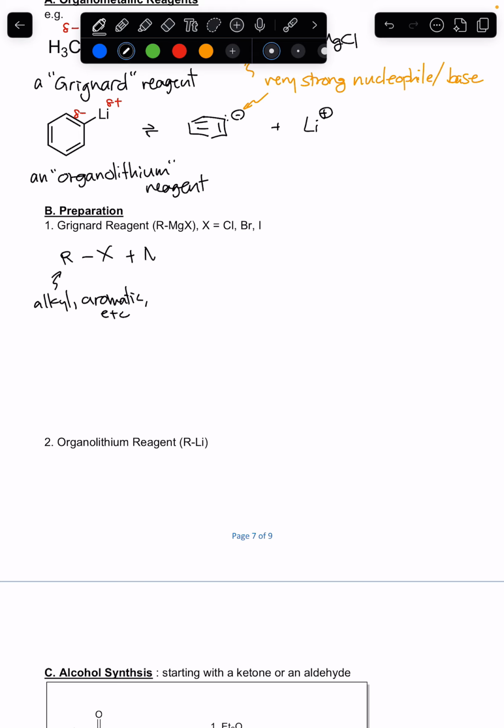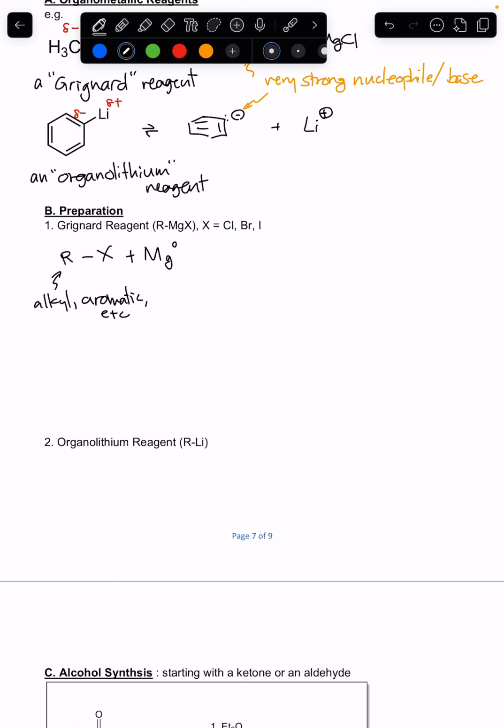And then you mix in magnesium. By the way, X is one way that we describe a halogen in a generic way. But in this case, the halogen cannot be fluorine, since a Grignard reagent cannot be formed from it. So it has to be either chlorine, bromine, or iodine.